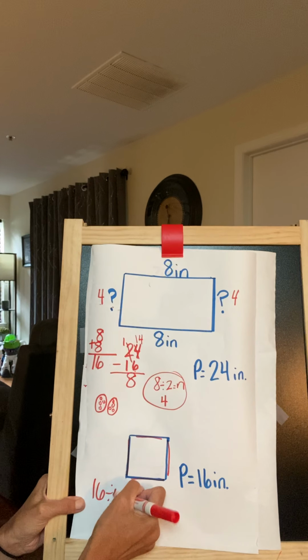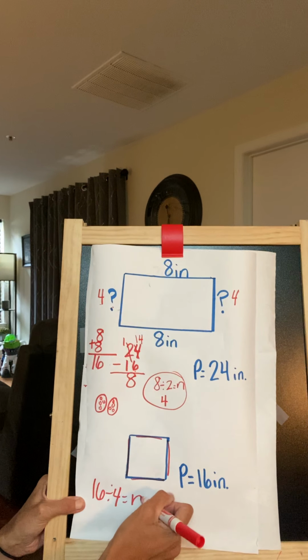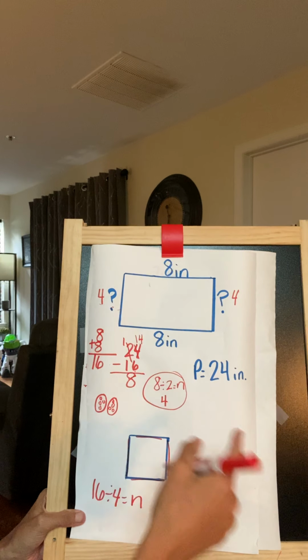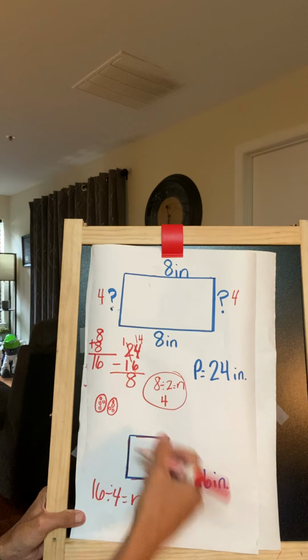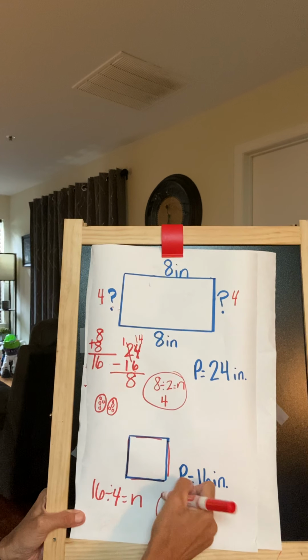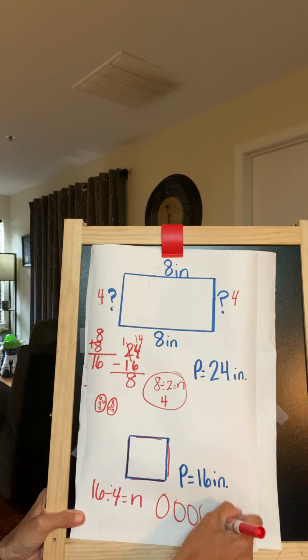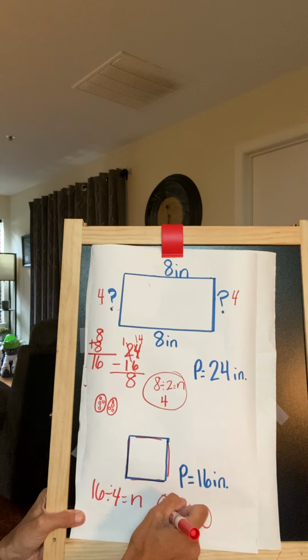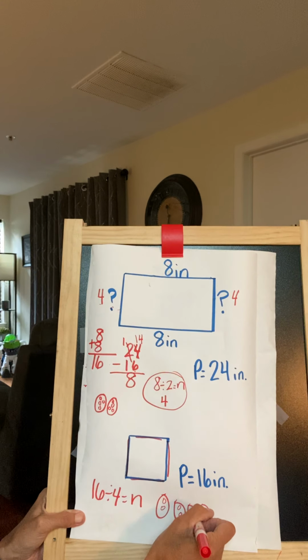16 divided by 4 equals n. Now for this, I could do repeated subtraction, right? I could say 16 minus 4 minus 4 minus 4 minus 4. I'm gonna do equal groups again. 1, 2, 3, 4, and then 1, 2, 3, 4, 5, 6, 7, 8, 9, 10, 11, 12, 13, 14, 15, 16.